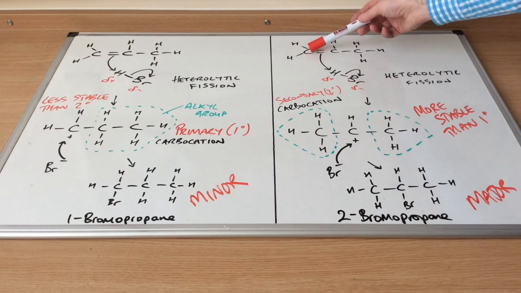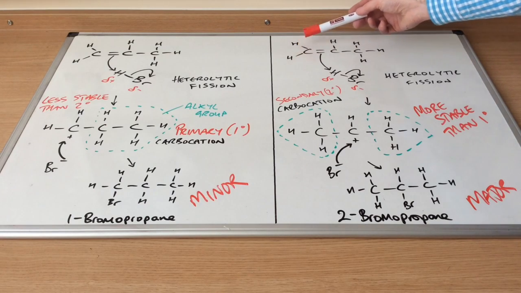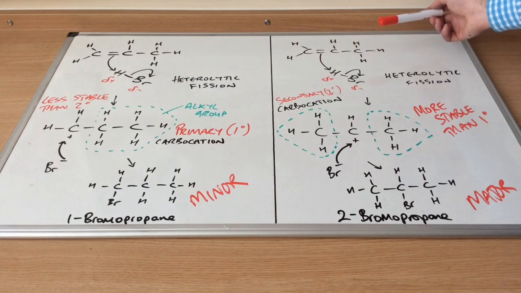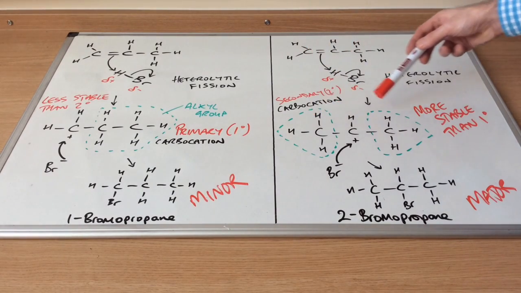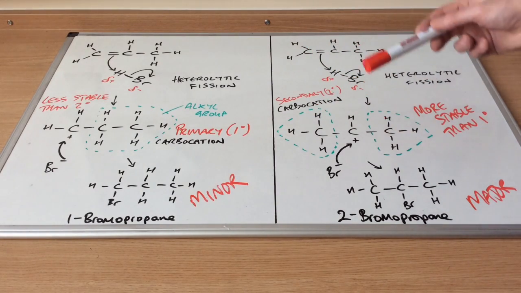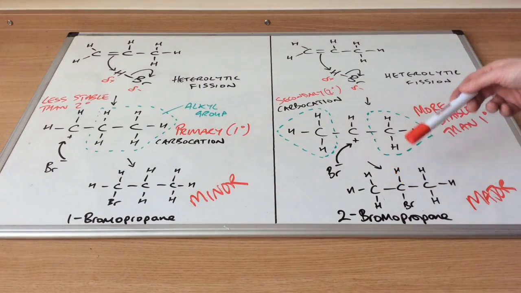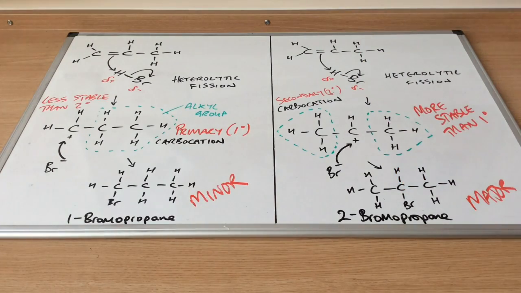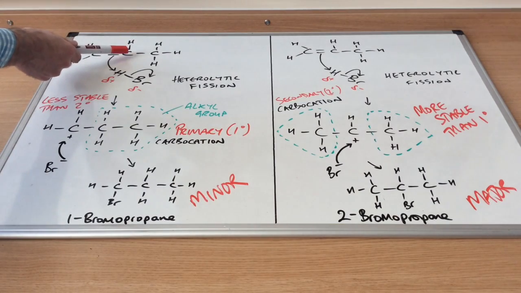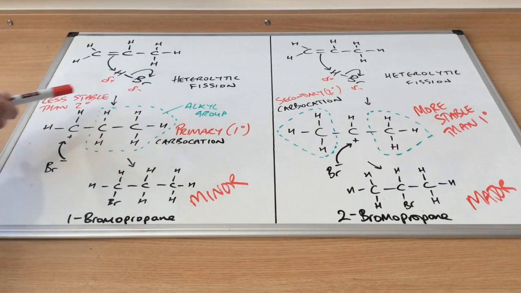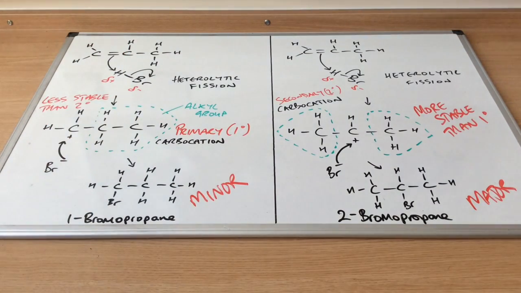You can see this carbon in the double bond has 2 hydrogens, whereas this one only has 1. So more of the hydrogen will go here, producing this secondary carbocation and therefore producing 2-bromopropane, in preference to going to this carbon with only 1 hydrogen attached, leading to the primary carbocation, leading to 1-bromopropane.